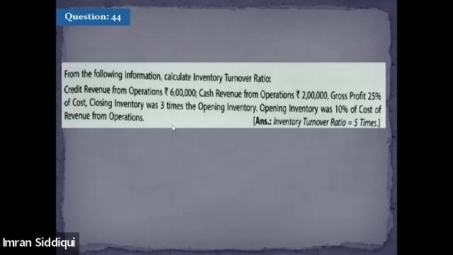Cash revenue from operation. Basically, credit revenue and cash revenue are given separately. Sum total of this is cost of revenue from operation. All right, understood. Basically, we have to add this to get the value of the total cost of revenue.